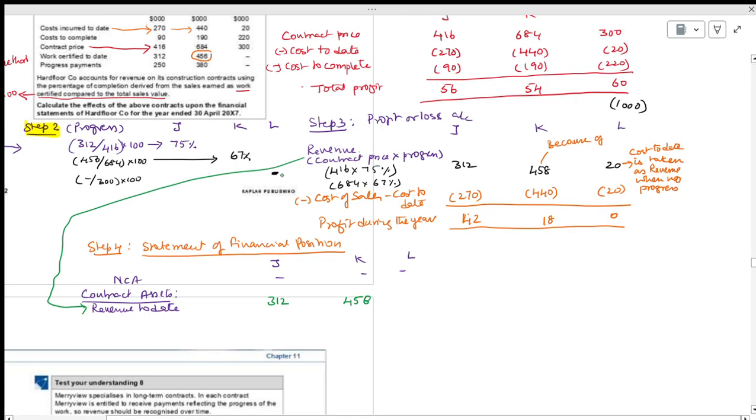Now how much is the revenue to date? Whatever the cost is, 20. Next, how much have you received in cash, the progress payments? How much is the progress payments?